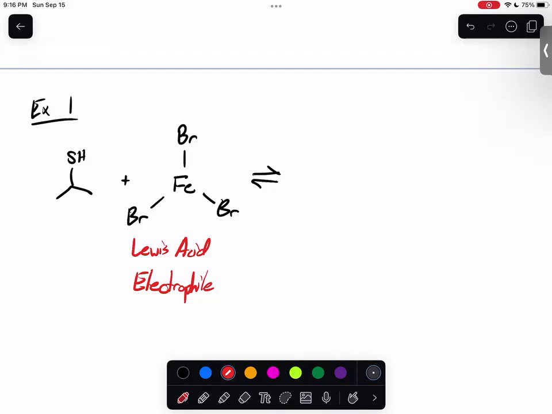But the thing is, it is partially positively charged, right? And we know this because all of these bromines are pulling dipoles, right? These bromines are all partial negatives because they are more electronegative than iron, but that does leave the iron with this nice big partial positive charge, and it's an electrophile. On the other hand, if we look over here, we have our sulfur that has a lone pair, and we know based on what we've been talking about today that this is a Lewis base.